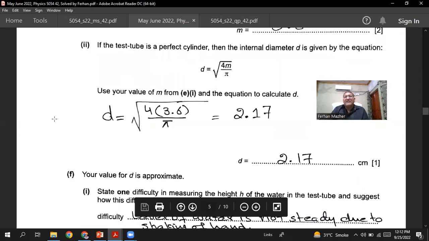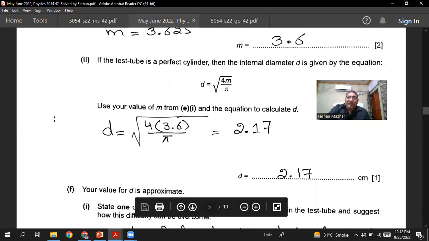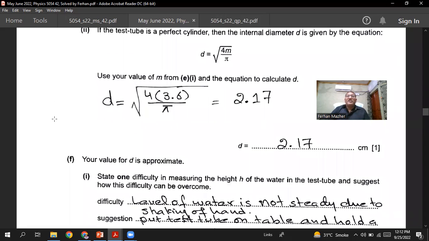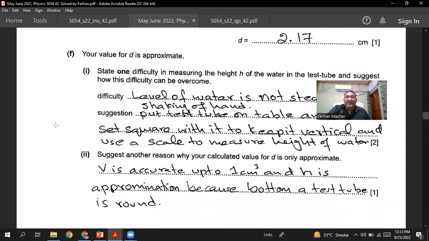The formula is given. The value of the m we just calculated is 3.6. So just put that value. So you have 4 multiplied by 3.6 divided by pi, square root, equals 2.17. Just put the values and do the calculation. So the internal diameter is 2.17. Your values for the D is approximate.